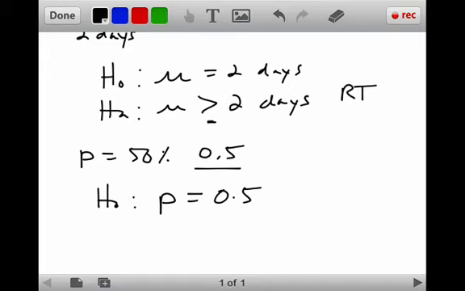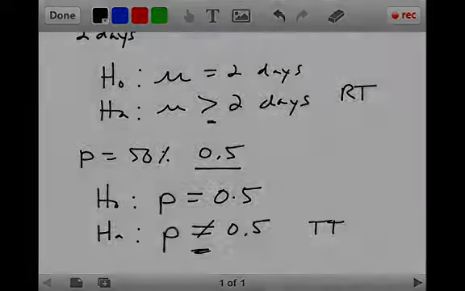That's our H0. For HA, we're testing the claim that the proportion of female zebra in the region is different than 50%. We don't know if it's greater or smaller, but we're testing the claim that it's not equal to 0.5, that it's different. And this is how we set the hypotheses.